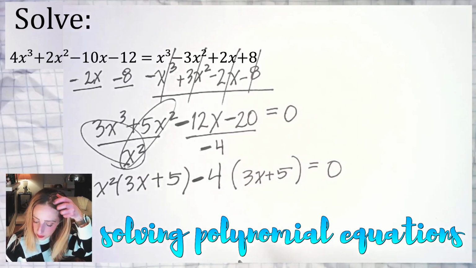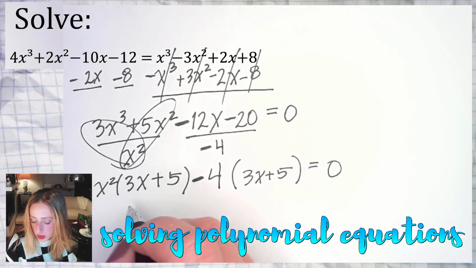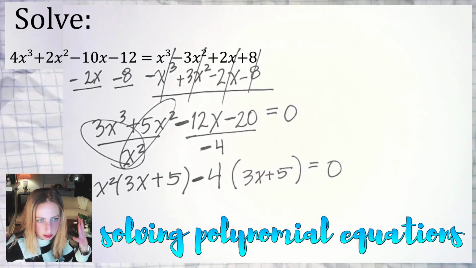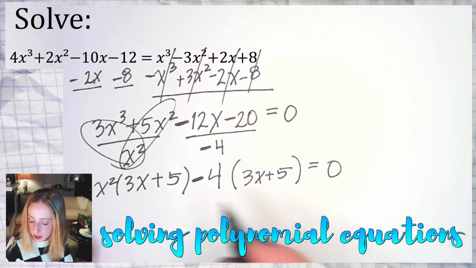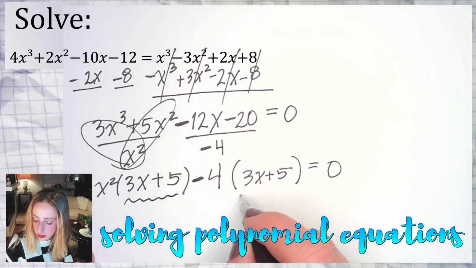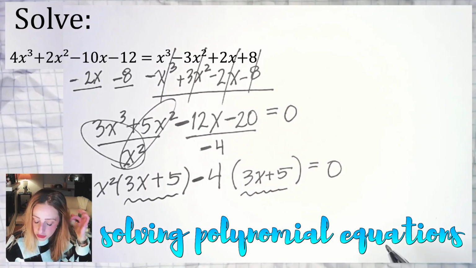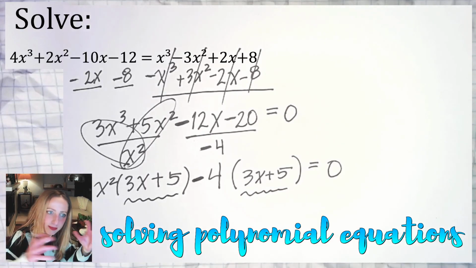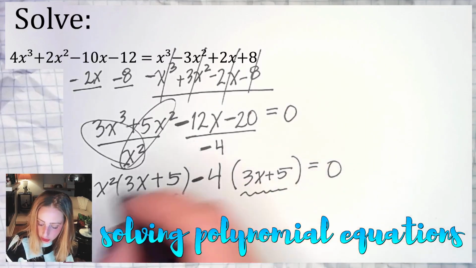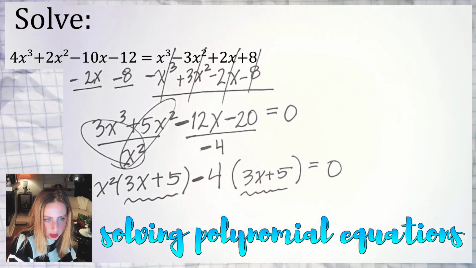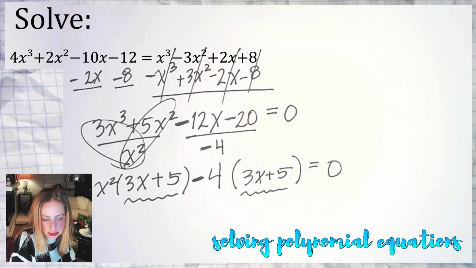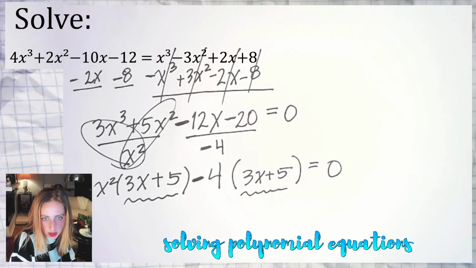Amazing. Okay. Now, at this point, what is your greatest common factor? Well, we have twinsies right there, 3x plus 5. So we're going to factor the 3x plus 5 all the way out front. So what does that look like? Well, let's just move this down. There we go.